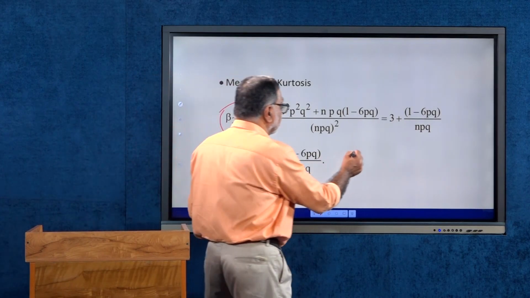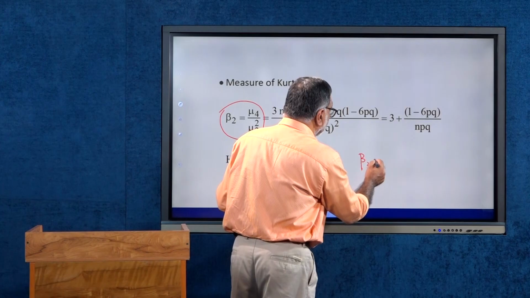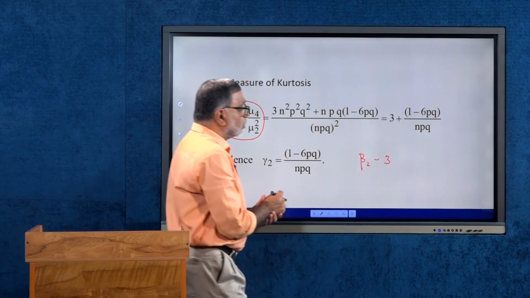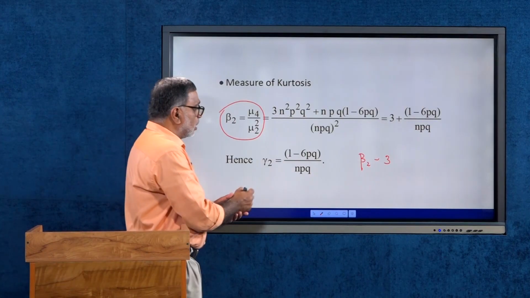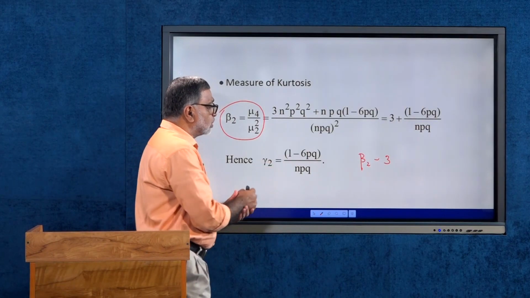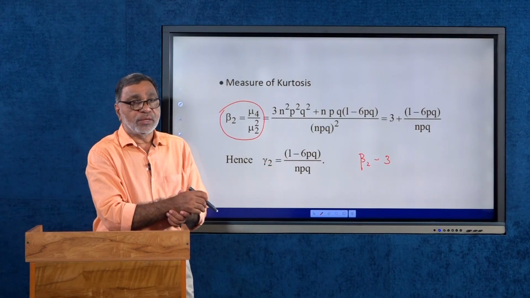Gamma 2 is how far this is deviating from the mesokurtic value, that is beta 2 minus 3, and gamma 2 is equal to 1 minus 6 p q divided by n p q.